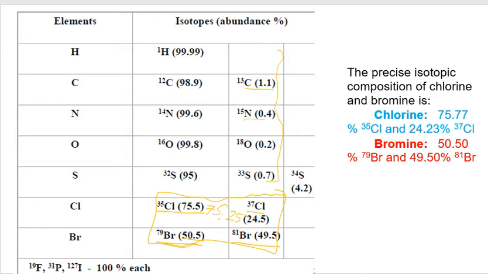In nitrogen, 0.4%. In oxygen, 0.2%. In sulfur, 0.7%. So in the mass spectrum, you will always find that after the molecular ion peak, you have a small peak. Sometimes it is bigger, sometimes it's just like a dot.